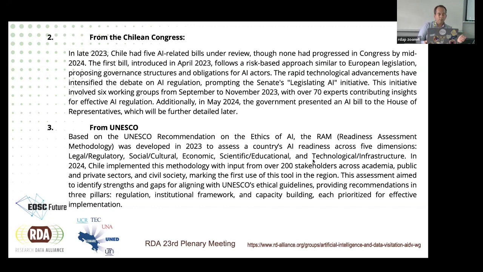In 2024, Chile implemented this methodology with input from over 200 stakeholders across academia, public and private sectors, and civil society, making the first use of this tool in the region. This assessment aimed to identify strengths and gaps for aligning with UNESCO's ethical guidelines, providing recommendations in the 3 pillars: regulation, institutional framework, and capacity building, each prioritized for effective implementation.